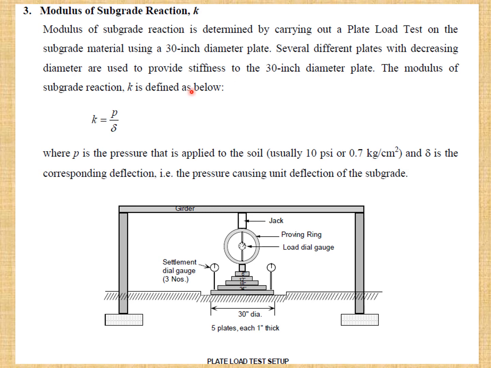The modulus of subgrade reaction k is defined as P over delta. So this is the simple formula for the modulus of subgrade reaction, where P is the pressure applied to the soil, usually 10 psi or 0.7 kilogram per square centimeter, and delta is the corresponding deflection, that is the pressure causing unit deflection of the subgrade.